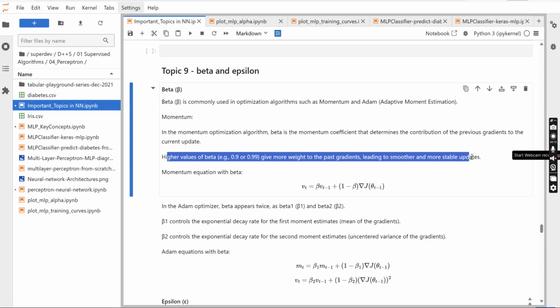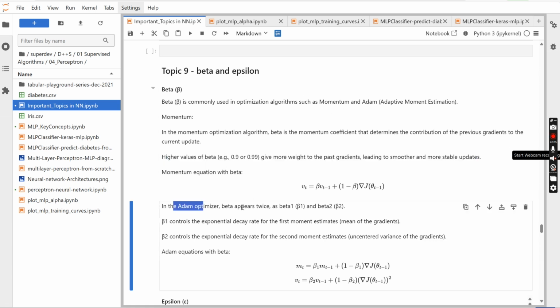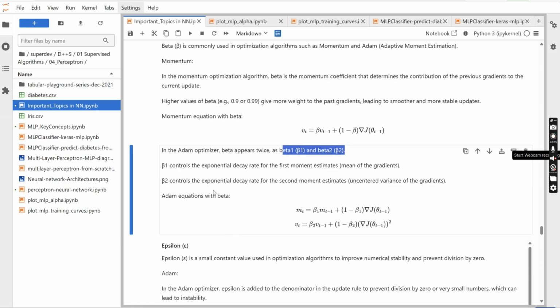So this will result in smoother and more stable updates. This is the same exact formula, there is no difference, the same one that we saw above, with only one beta. But when you use Adam instead of momentum, there are two betas, beta 1 and beta 2. Beta 1 controls the decay rate.